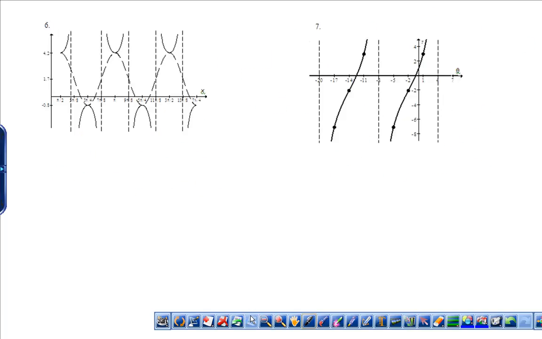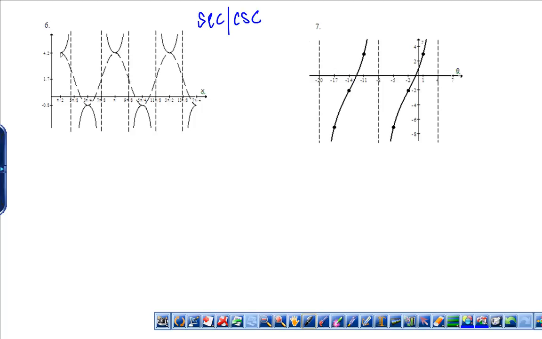All right, these last two graphs, of course, are not sine or cosine. This number 6 is going to be a secant and a cosecant. So let's try those. But the nice thing about this is you're still doing a sine and cosine graph. So let's look at this.